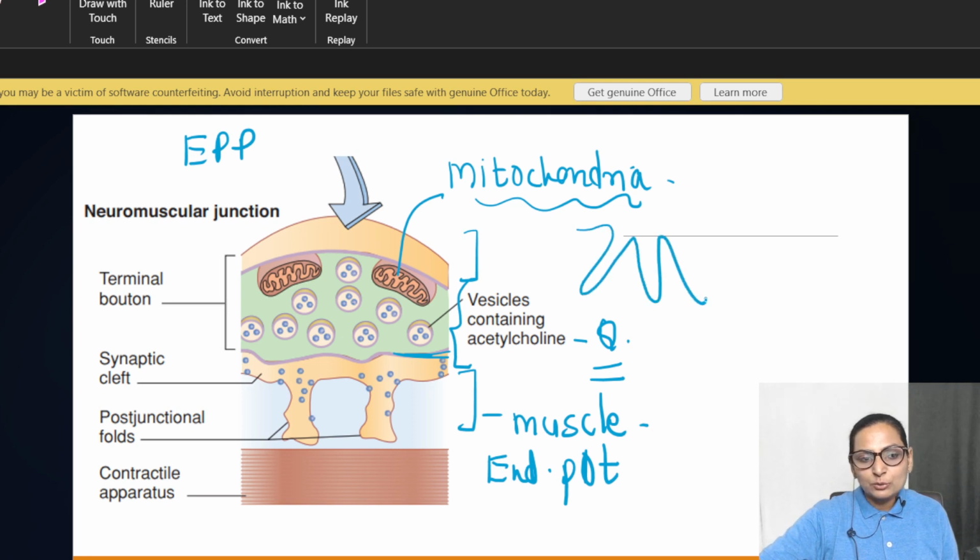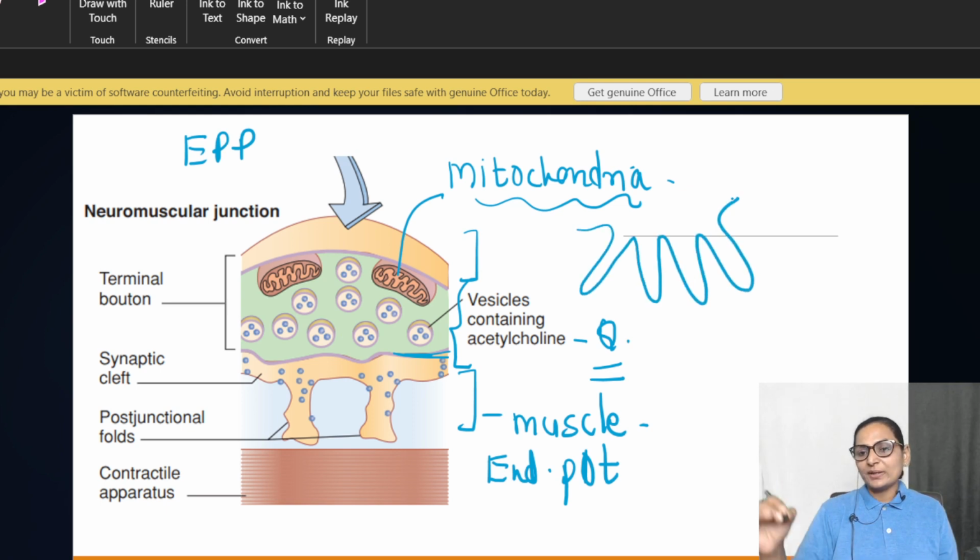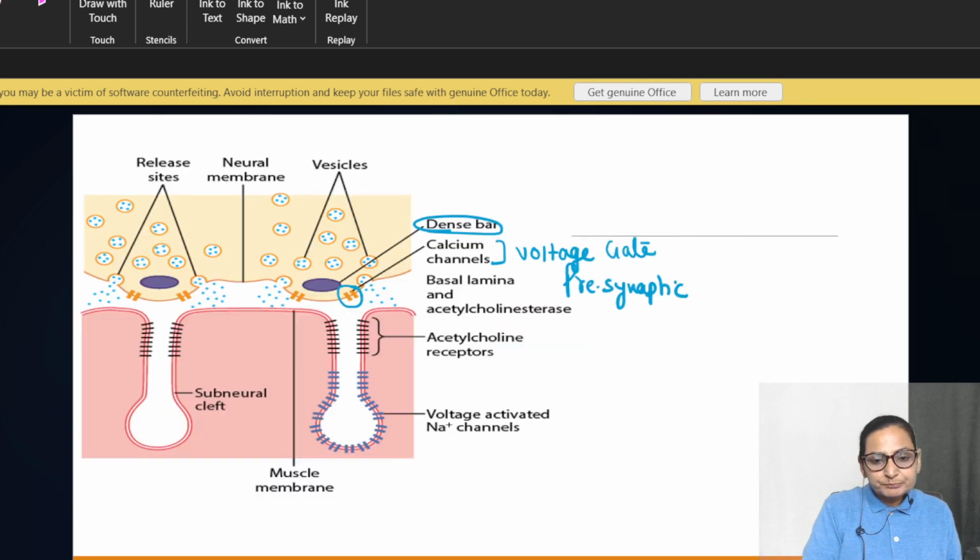What is the advantage of throwing that postsynaptic portion into folds? It will increase the surface area, right? So the postsynaptic portion, that is the muscle part, is thrown into folds, which will increase the surface area. And just beneath this we can see the contractile apparatus, that is the sarcomere, which will be present, right?